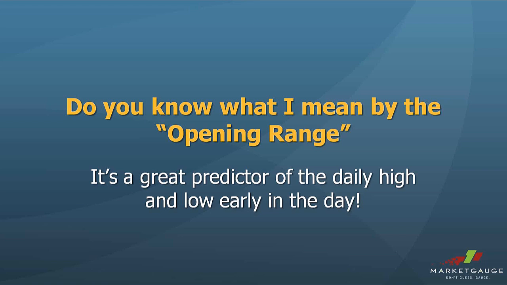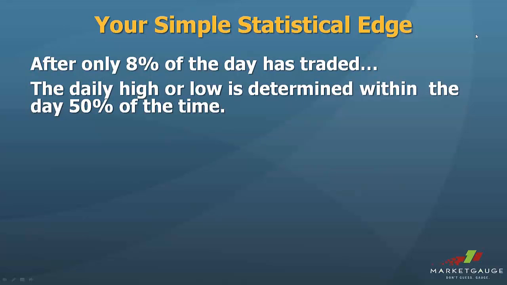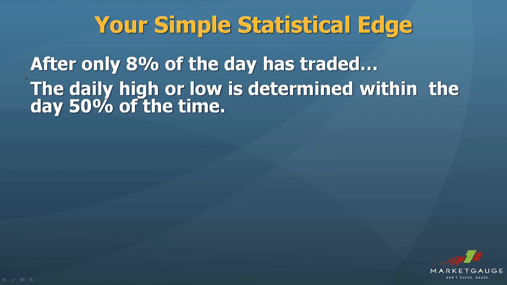The opening range is an incredible predictor of the daily high and low of the day. In fact, it gives you a statistical edge. When I say the opening range, I'm referring to the first 30 minutes of the day, which represents 8% of the trading day.